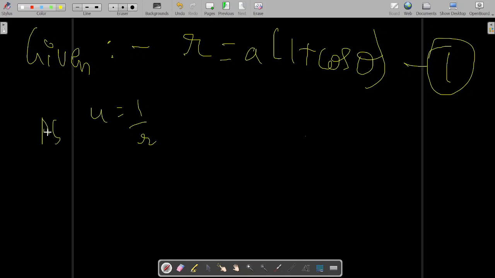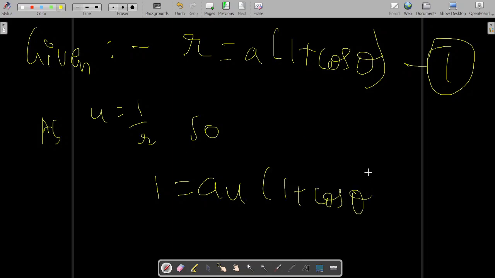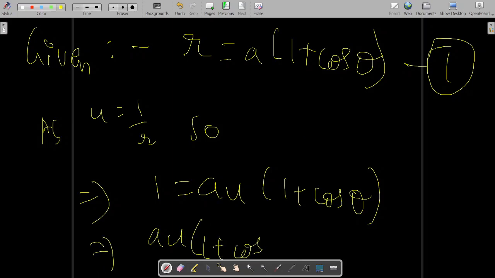As u equal to 1 by r, it will become 1 equal to a u into 1 plus cos theta. Now, a u into 1 plus cos theta is equal to 1.